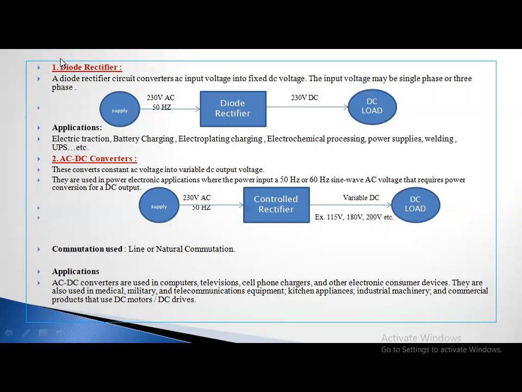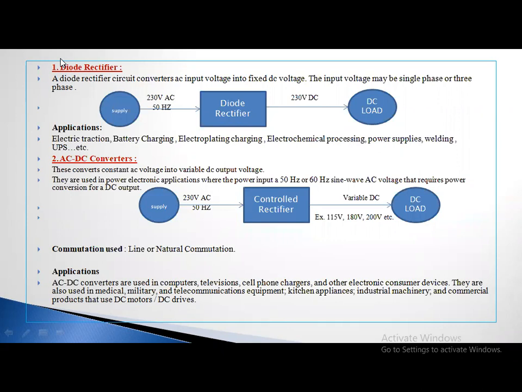So first, diode rectifier. It will convert from fixed AC input voltage into the fixed DC output voltage. I am using the word fixed. Is it clear? Because the diode is an uncontrolled device.